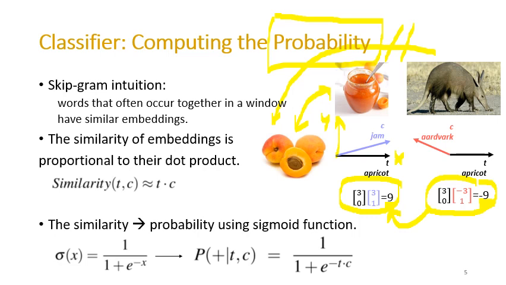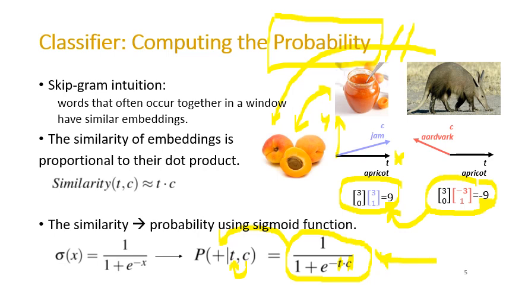How can you do that? If you have the vector for the target word T and the vector of the context word C, you may use the sigmoid function to define the probability that the model says yes, C is the context word of T, using this formula here.